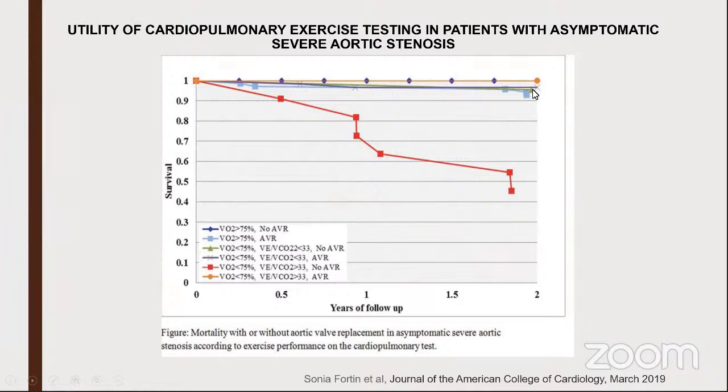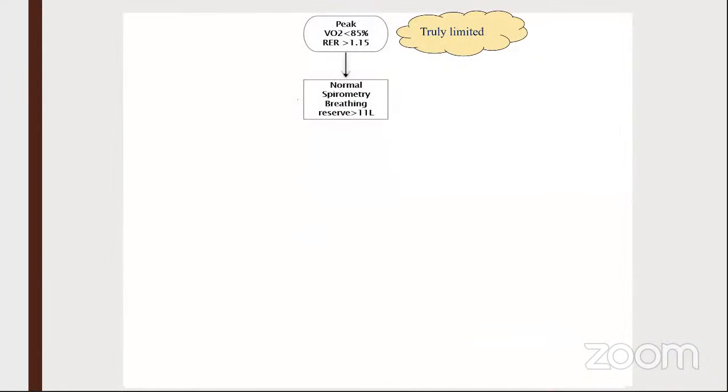So, a very simple recipe, which was suggested a few years ago: at first, when you review the exercise test, you have to look whether the patient is truly limited. For this, the patient has to achieve a good exercise, which you see if you have got an RER of more than 1.15.